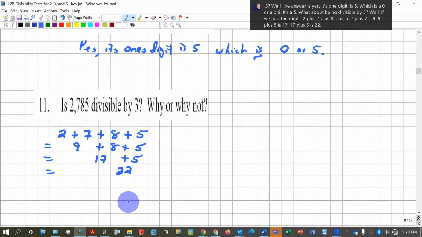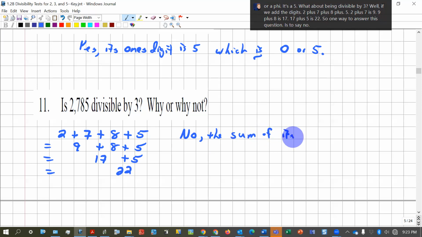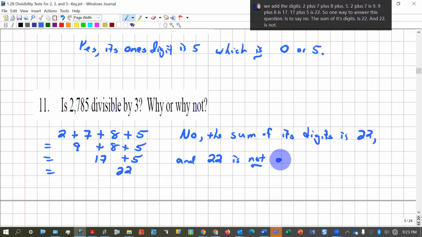So one way to answer this question is to say, no, the sum of its digits is 22, and 22 is not a multiple of 3, or it's not divisible by 3.